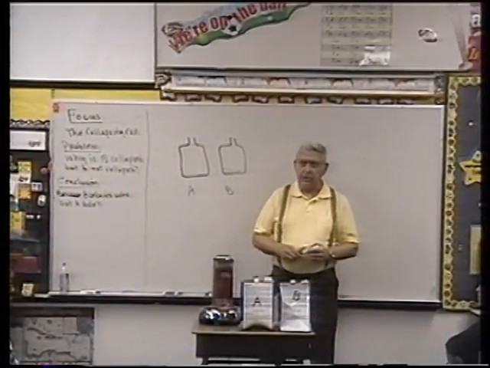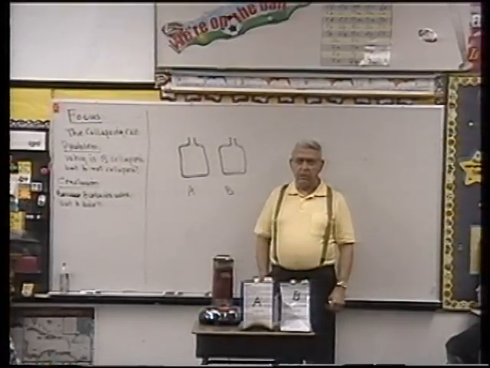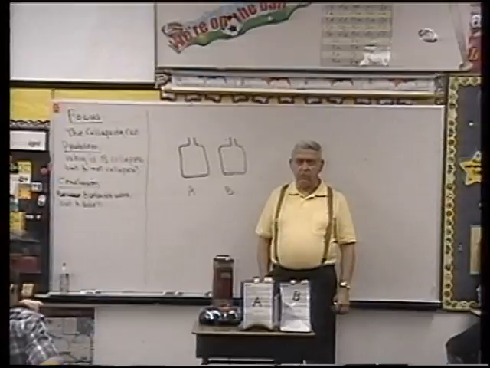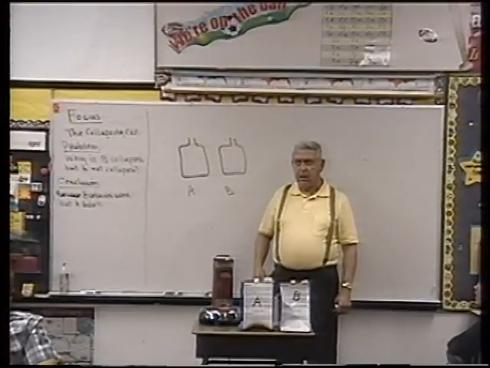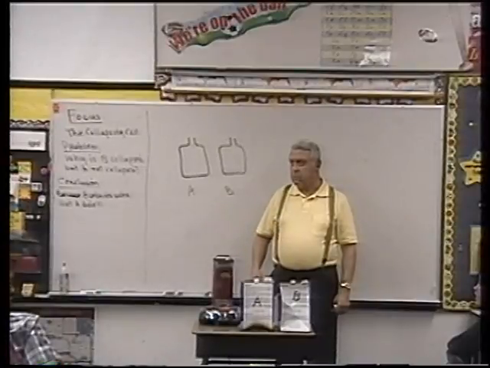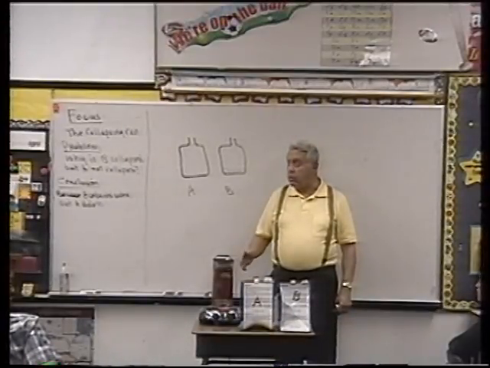Does anybody know the two conditions that determine whether a conclusion is valid and reliable? What's one thing that has to be true? The data have to do what? Have to what? No, well, they have to not refute it. Yeah. They have to not prove it false. What do they have to do?